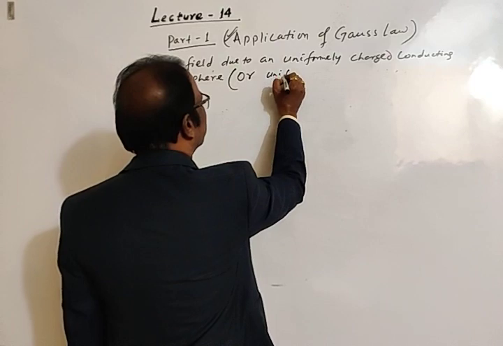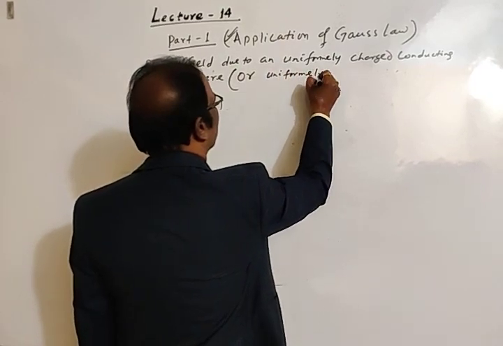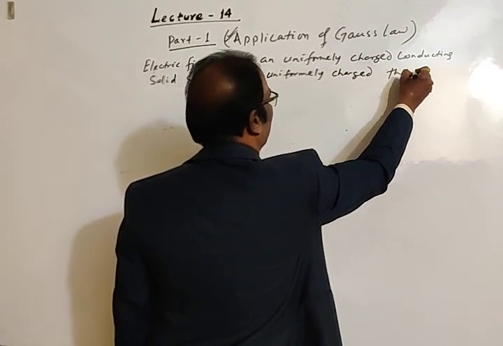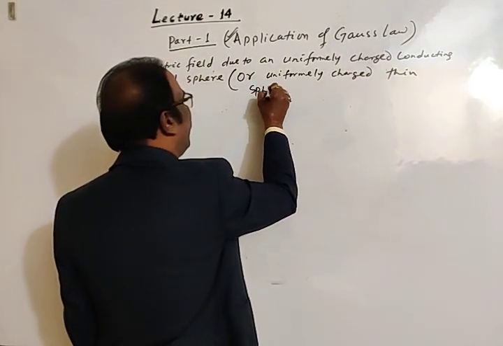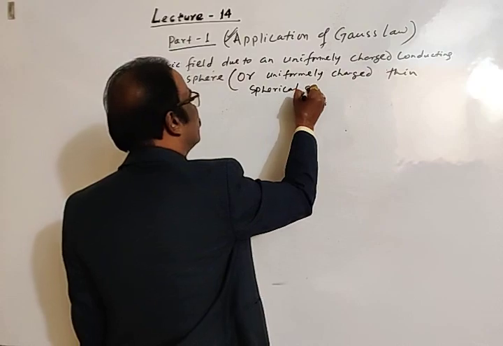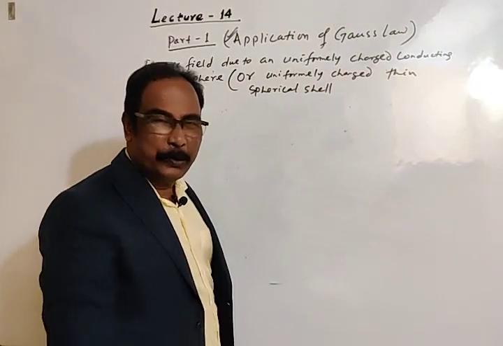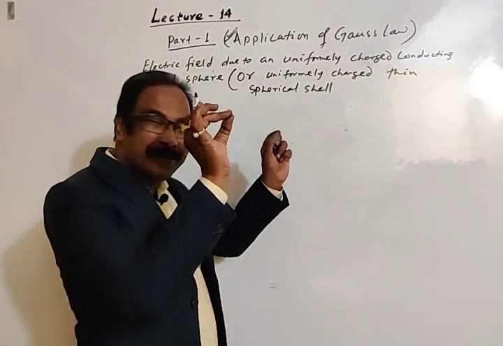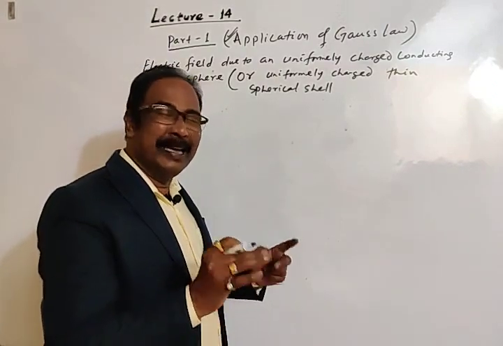Uniformly charged thin spherical cell, or you may take a hollow sphere. Thin spherical cell means the thickness of the wall of the cell, means a hollow sphere, is very thin.